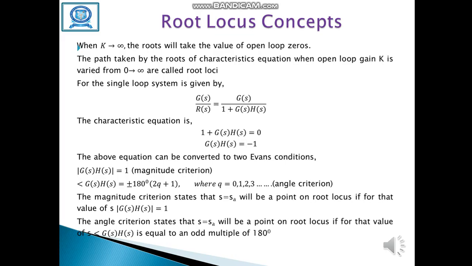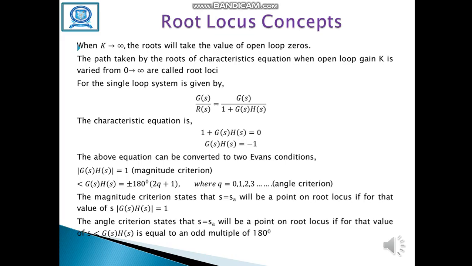is called the root locus. For a single loop system, C(s)/R(s) = G(s) / (1 + G(s)H(s)). The characteristic equation is the denominator equal to 0, that is 1 + G(s)H(s) = 0. From this, G(s)H(s) = -1.